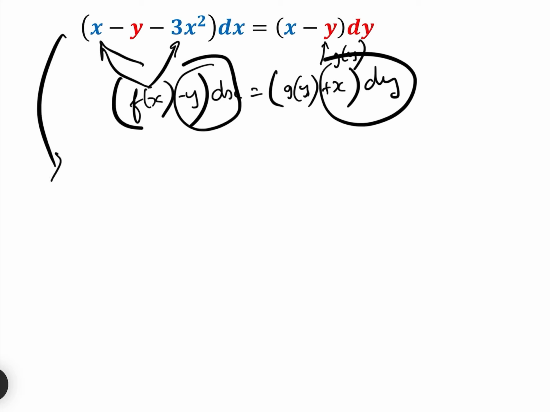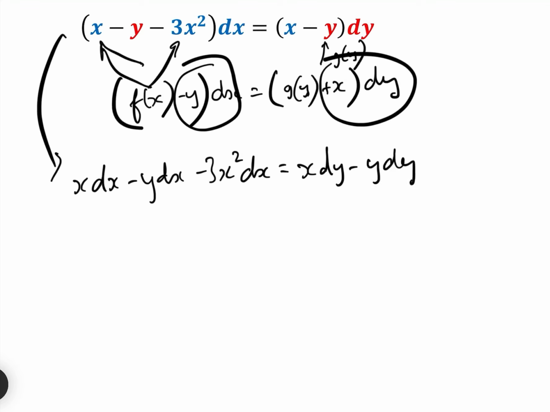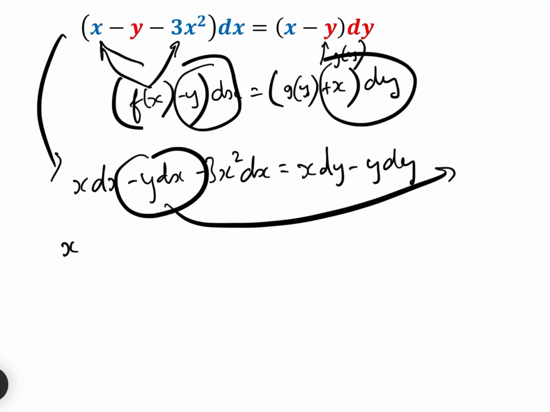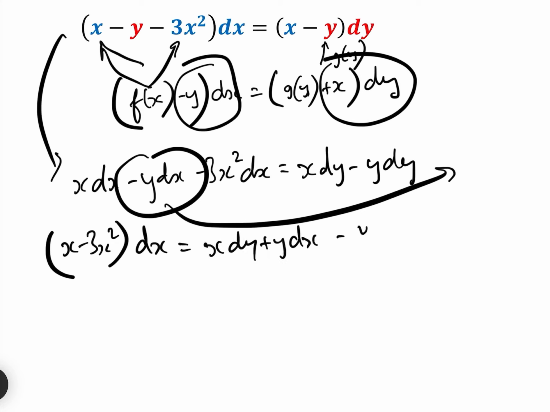So let's just go down here, expand it out: x dx minus y dx minus 3x squared dx equals x dy minus y dy, and then we just do our little trick, move this over here, and then we get x minus 3x squared dx equals x dy add y dx minus y dy, and then we integrate.